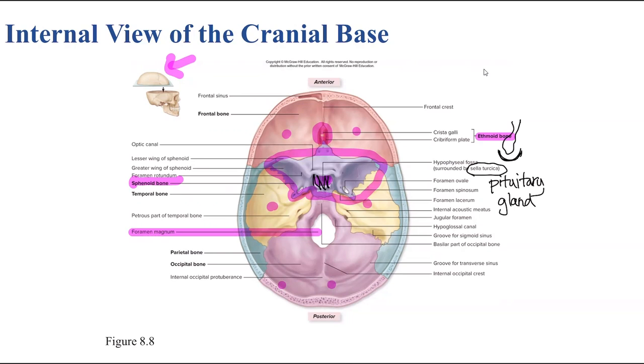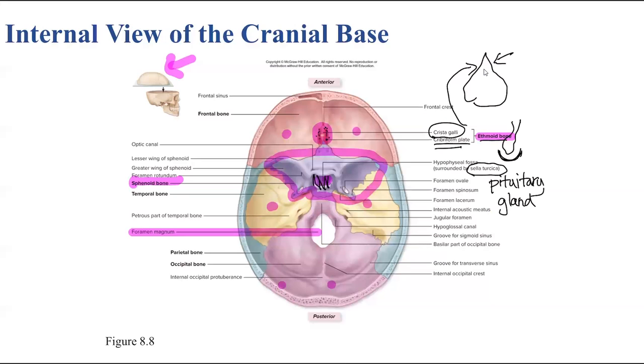Now another thing about the ethmoid bone is, if you looked at it from the side, it has a thing that goes up like that. It's got a little sail on it. And that sail is called the crista galli. In the ethmoid bone here, I'm going to make little dots. So there are little holes in there, and that's called the cribriform plate.